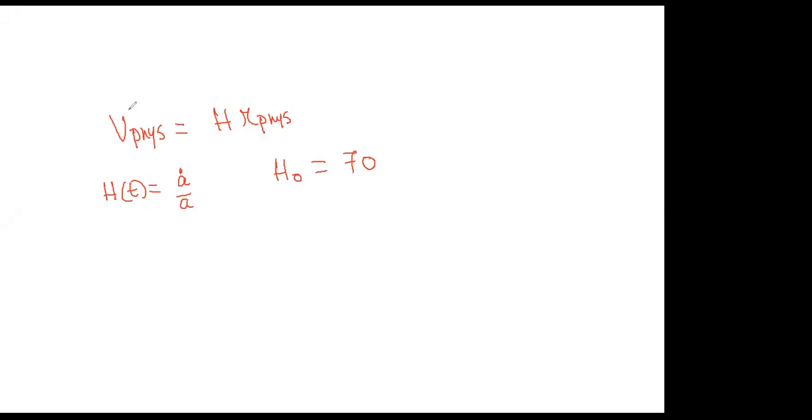That's why we write it as 70 kilometers per second per megaparsec. It says that if two galaxies are separated by 1 megaparsec, they are going away from each other with a velocity of 70 kilometers per second at present.